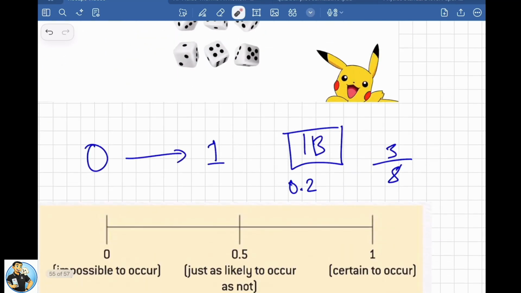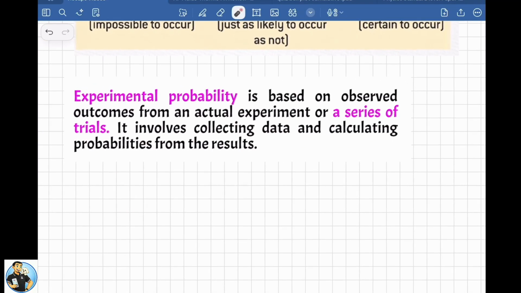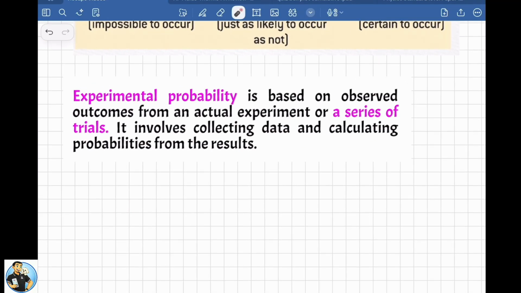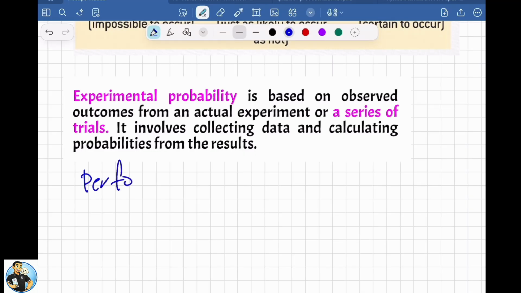The second one that I want to show you is the experimental probability. This one is a little bit tricky because first we need to perform the experiment. This is the key. We must perform the experiment in order to give a value between 0 and 1 that is going to represent the probability.